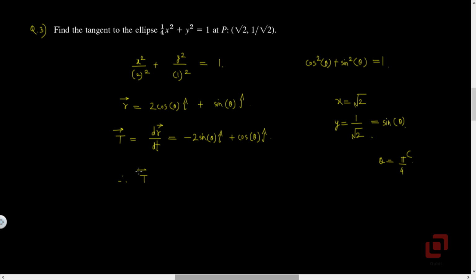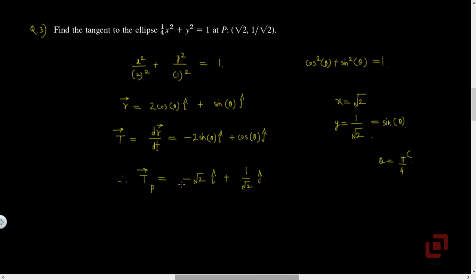Therefore, t bar at the given point P will be equal to −2 into sin π/4, which is 1/√2. So it will be −√2 i cap + 1/√2 j cap.